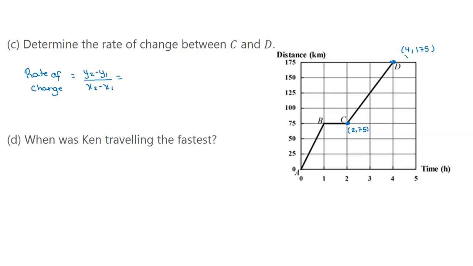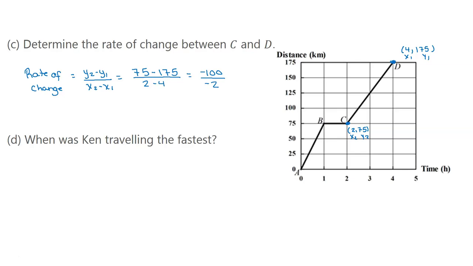Now this time I'm going to label this point as x1, y1, and this point as x2, y2. So now plugging that in, I get 75 minus 175, and 2 minus 4. And that is negative 100 over negative 2.